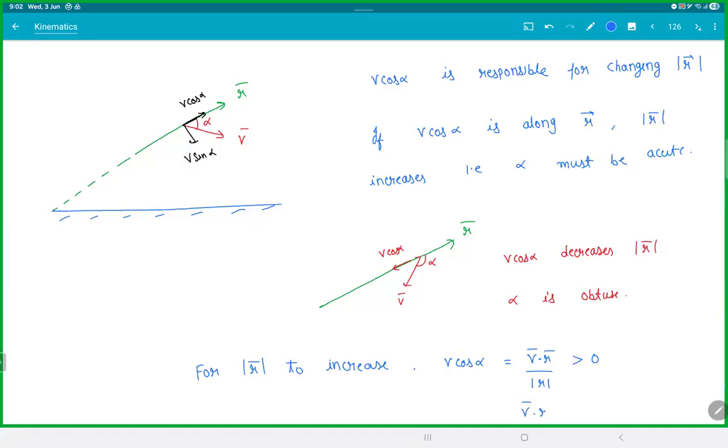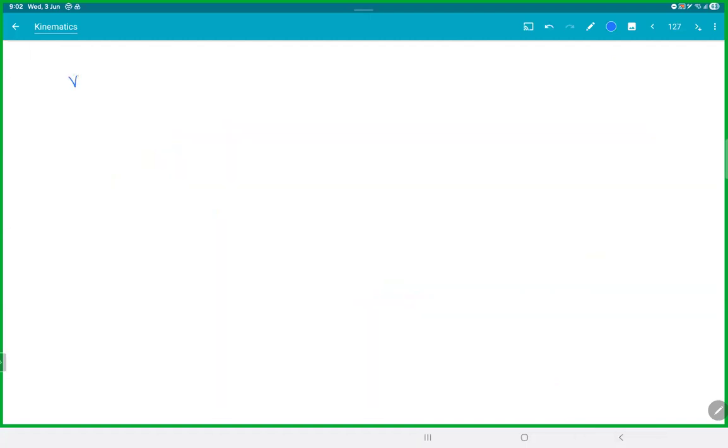Therefore, V bar dot R bar is greater than 0. As long as R bar dot V bar is greater than or equal to 0, it works. Is this page clear, everyone? The moment V bar and R bar make an obtuse angle, the length of the vector will start decreasing. So we need to find V bar dot R bar greater than or equal to 0.